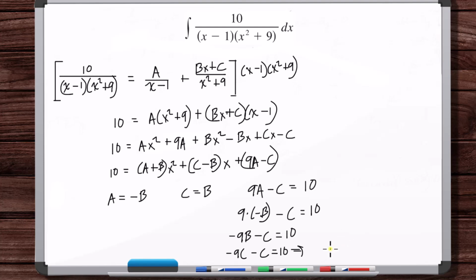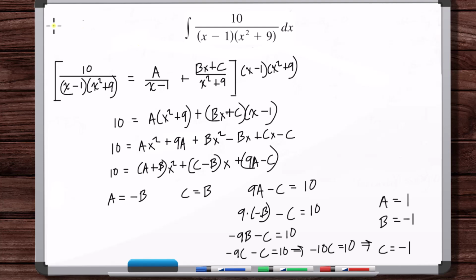Minus 9c minus c is minus 10c. So c is equal to minus 1. Therefore, b is equal to minus 1, and therefore a is equal to 1.